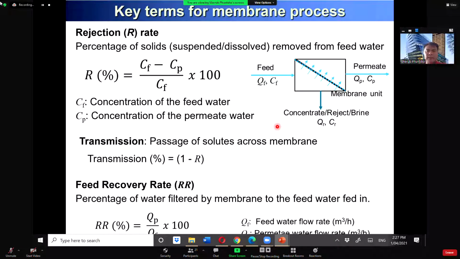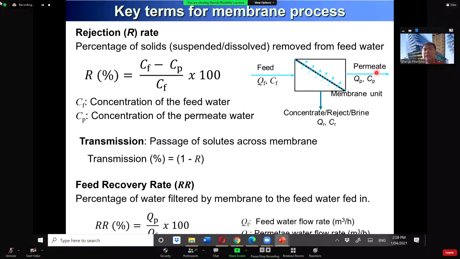So rejection rate is another key term in the membrane process. It defines the rate of removal of the contaminant. For example, in the feed water you have CF as a concentration, say seawater total dissolved solids is CF. CP is the permeate concentration, because not 100% of the salt will be rejected by the membrane.